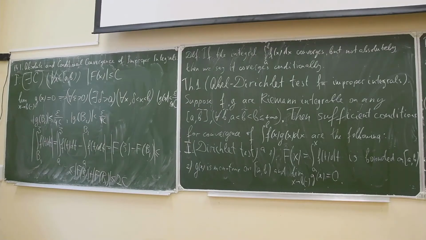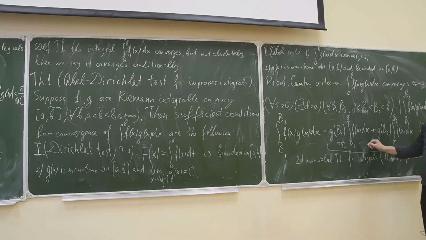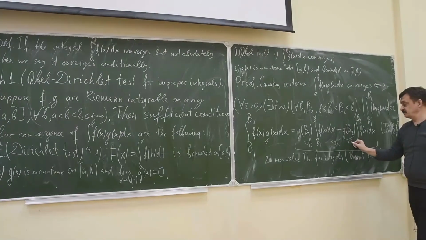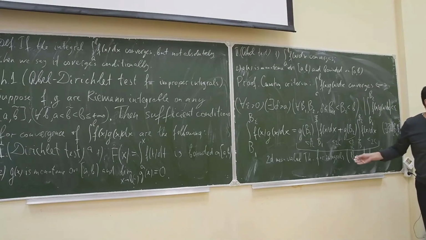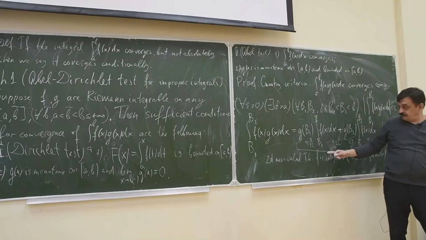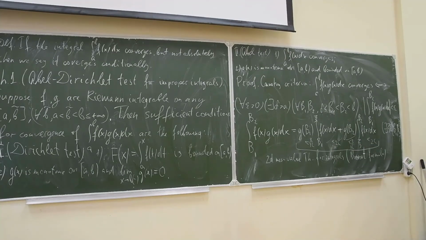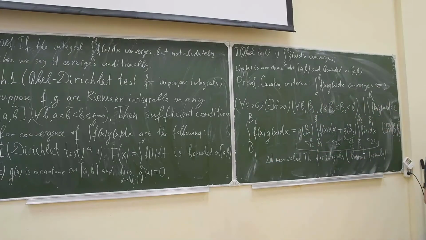This term is less than epsilon over 4C, this in modulus less than 2C, and the same here, less than epsilon over 4C, less than 2C in modulus. Altogether, what do we have? Epsilon over 4C times 2C, epsilon over 2 plus epsilon over 2. Epsilon, right? So, we proved the estimate: the modulus of this is less than epsilon. That's it, right? So, for the Dirichlet test, we are done.